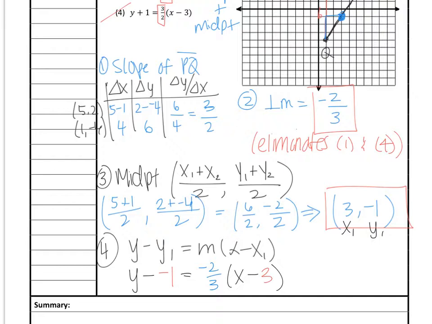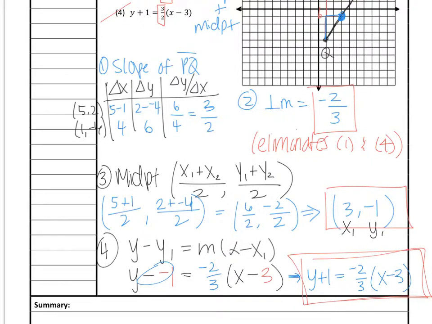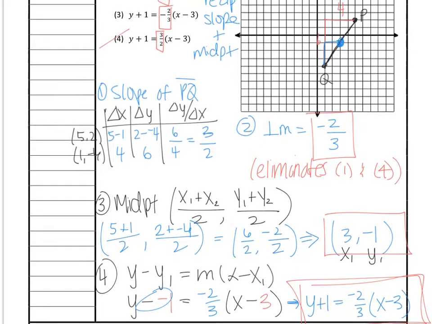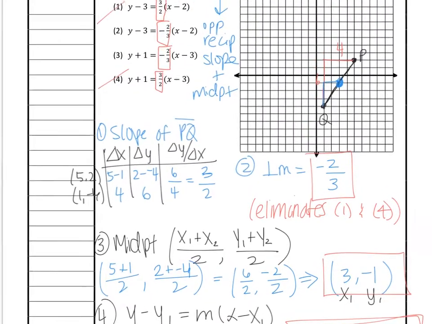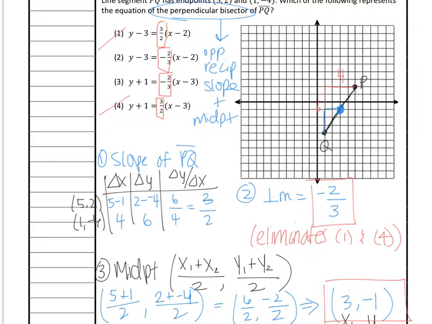Now, of course, this double negative's got to go. It becomes y plus 1 equals -2/3, parentheses, x minus 3. So this should match an equation up top. y plus 1 equals -2/3 times x minus 3, which is choice 3.